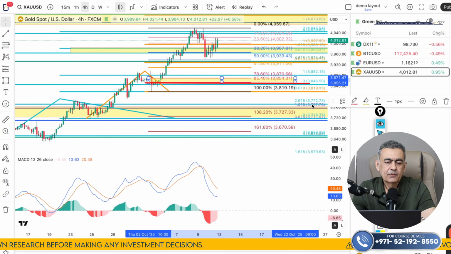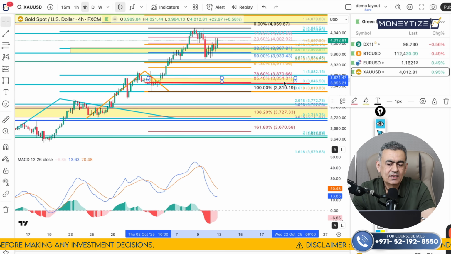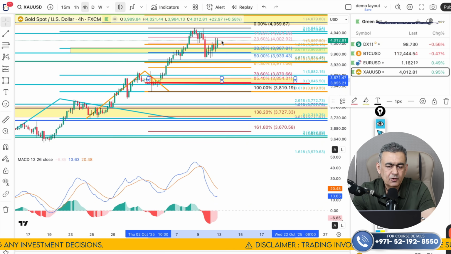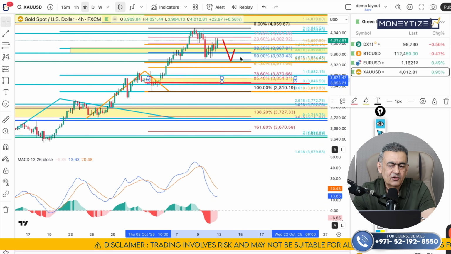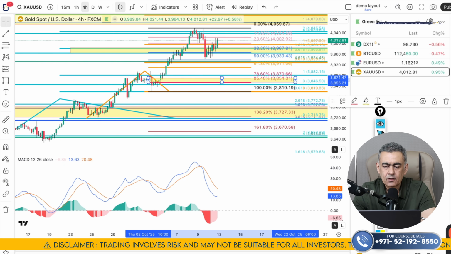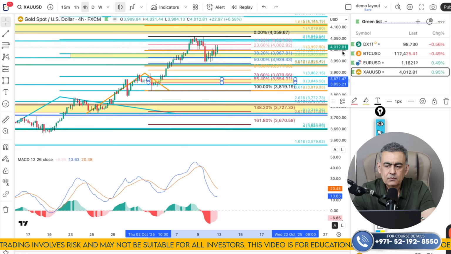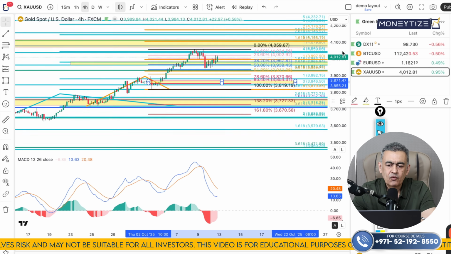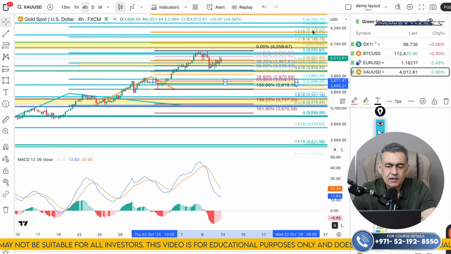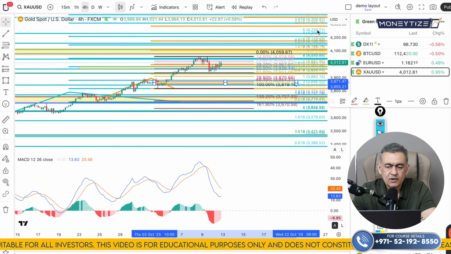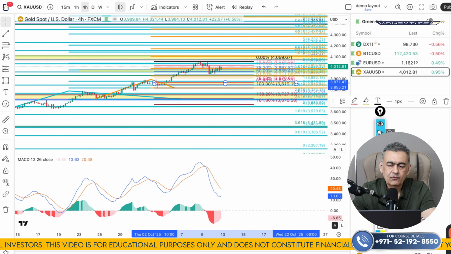So in the coming week, I will take the level of 3854 as the ultimate support, and any drop towards 3854 or maybe slightly higher towards 3930 to be taken as an opportunity to buy and hold it for the target of 4100. And in the longer run, above 4100, we have 4200 level, a strong area 4176, followed by 4300, and ultimate level at 4400.